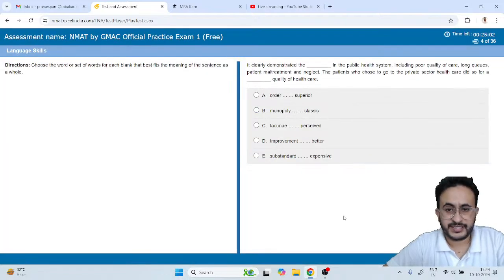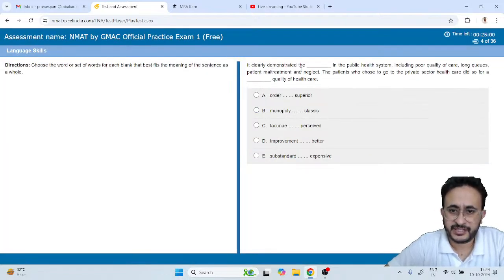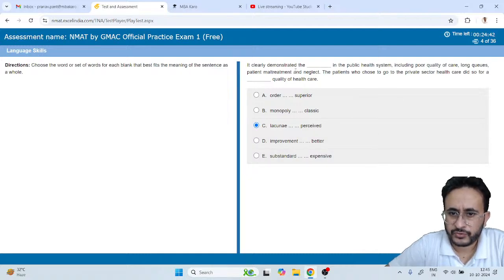All right, so let's see the next one. It clearly demonstrated a dash in the public health system, including poor quality of care. So whenever we say poor quality of care, there has to be something negative, like disorder. Long queues and patient maltreatment and neglect. The patients who chose to go to the private sector healthcare did so for a dash quality. So better quality.